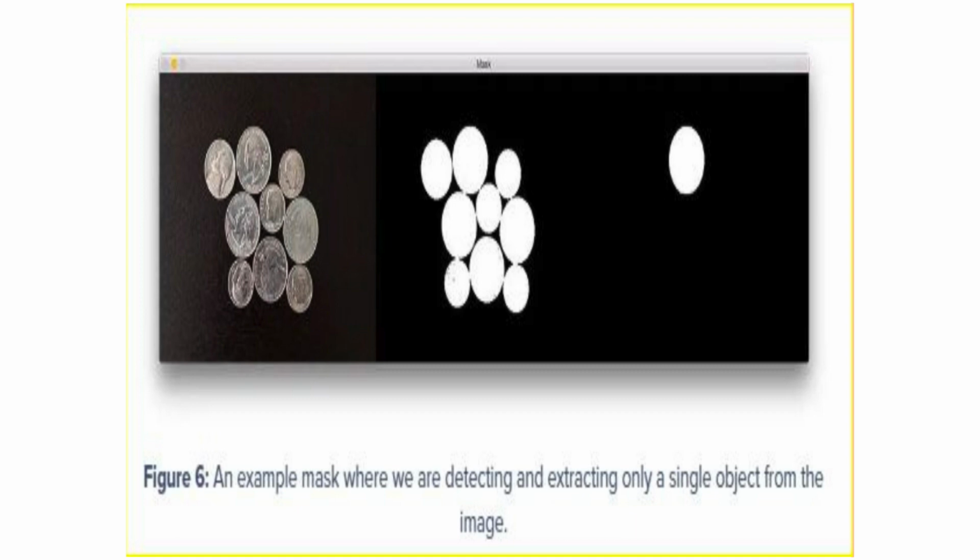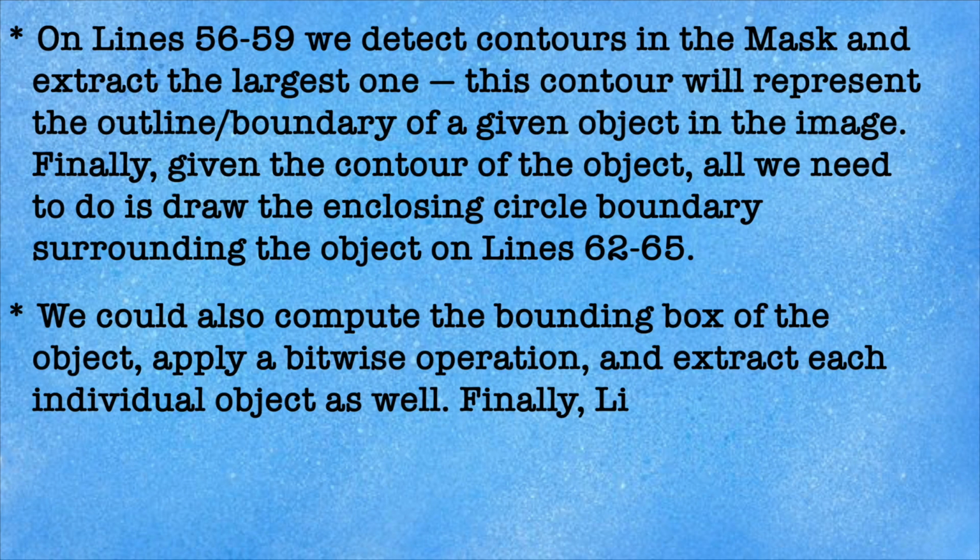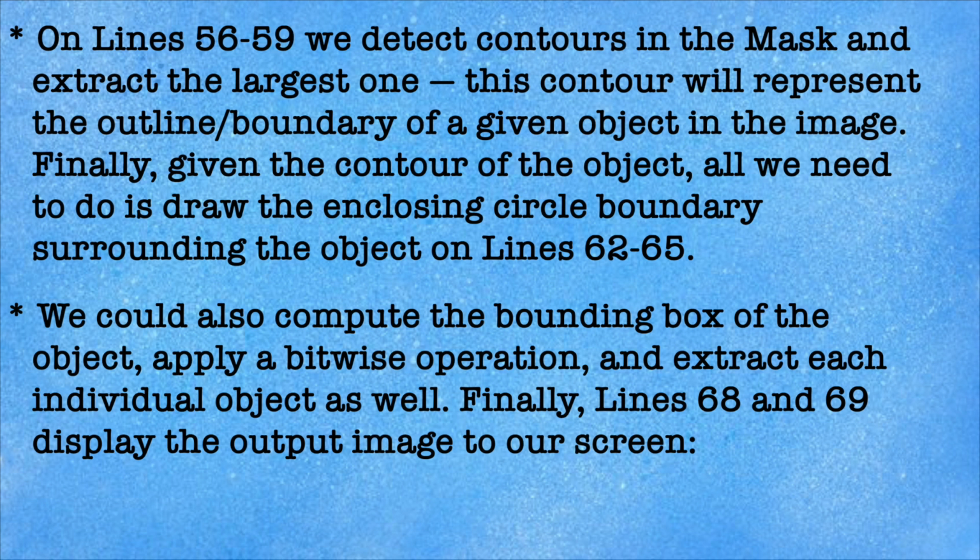So the watershed segmentation algorithm can clearly provide a single exact unique object. On lines 56 to 59, we detect contours in the mask and extract the largest one. This contour will represent the outline boundary of a given object in the image. Finally, given the contour of the object, all we need to do is draw an enclosing circle surrounding the object on lines 62 to 65.